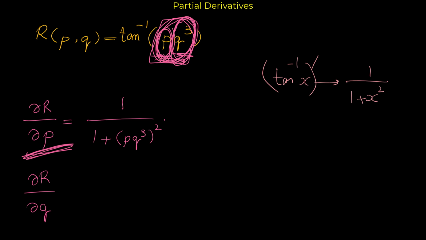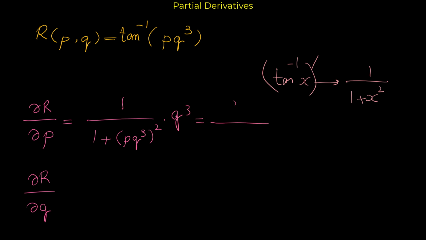So just focus on p. The derivative of p, like the derivative of x, is 1. So the derivative of p is also 1 times its coefficient. So the derivative of pq to the 3 with respect to p is just q to the 3. So the final answer is q to the 3 all over 1 plus p to the 2 q to the 6.